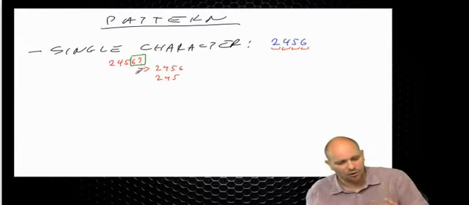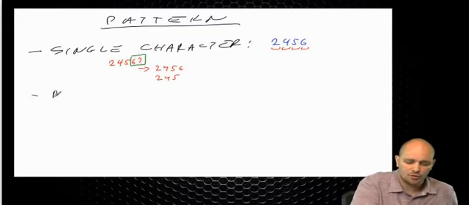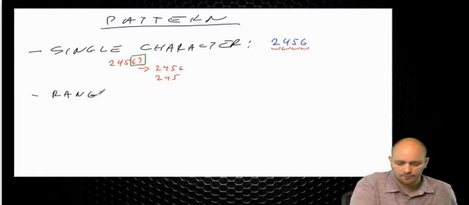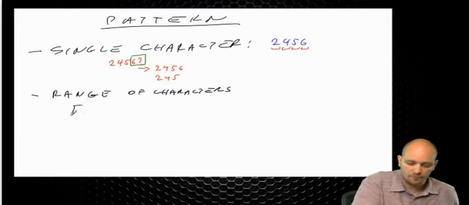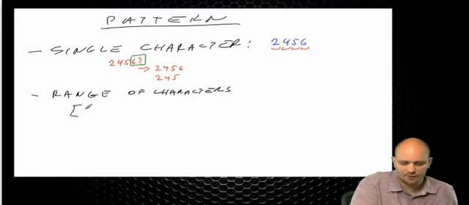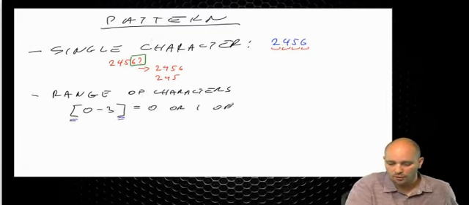So the pattern is a single character, but it can be a range of characters if you list them like this. So when you use brackets, this would match 0 or 1, or 2, or 3.